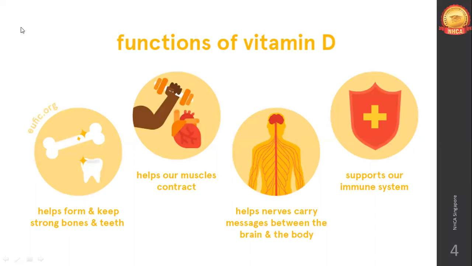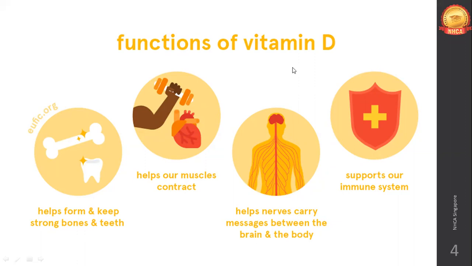Since calcium as well as vitamin D is required for the contraction of muscles, if there are any abnormalities in the content of vitamin D within the body, it can lead to tetany as well.